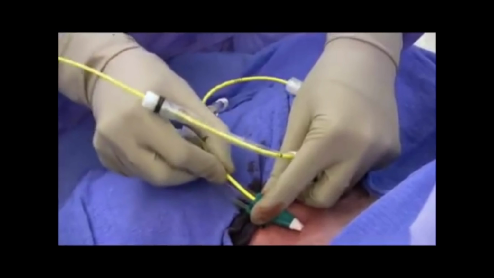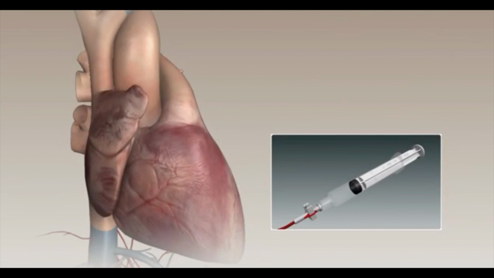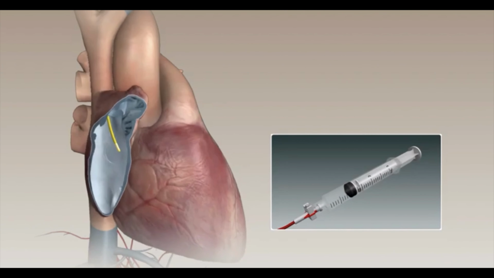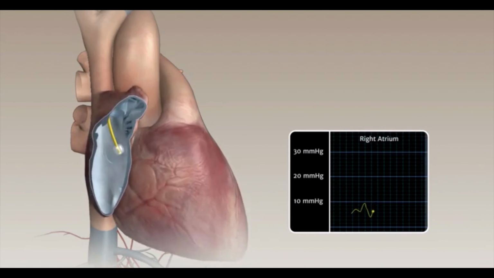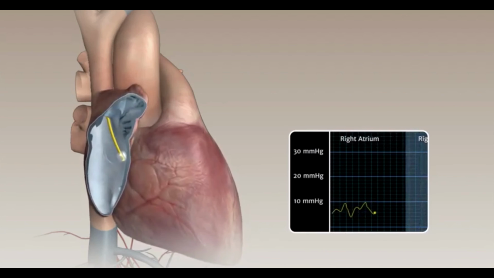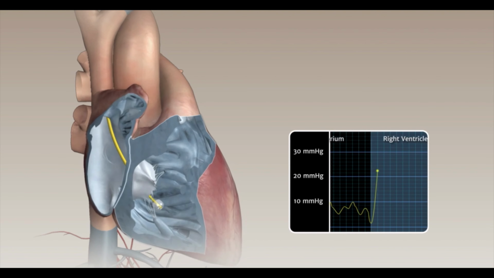Your doctor will make a puncture into a vein near the groin or in the arm or neck. A flexible tube or catheter is placed through the puncture. Sometimes it will be placed in the leg or arm. You will be awake during the procedure.